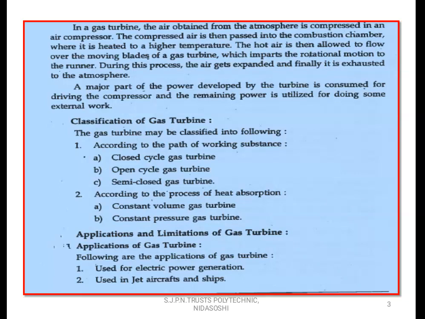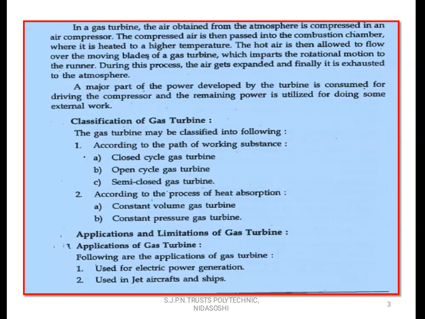If we consider the classification of the gas turbine, it is classified in two ways based on two factors. One is the path of the working substance, and the second is the process of heat absorption. Based on the path of the working substance, the first classification is the closed cycle gas turbine. In this, the cycle is completely closed and the working cycle is continuously repeated.